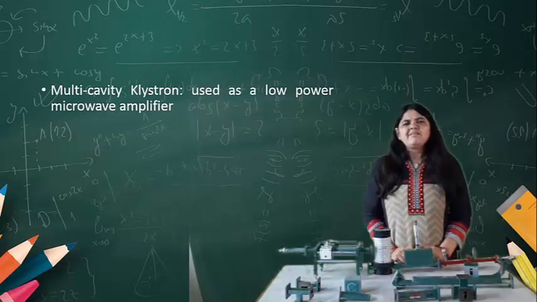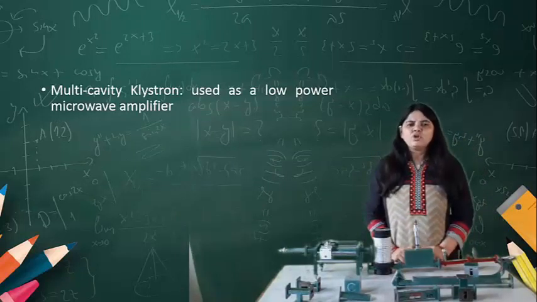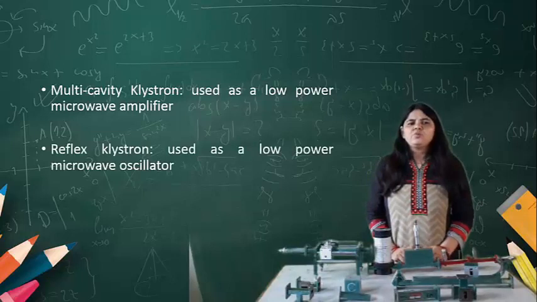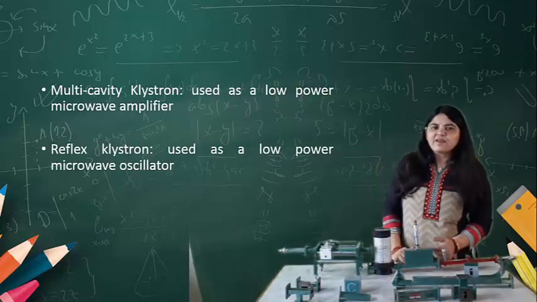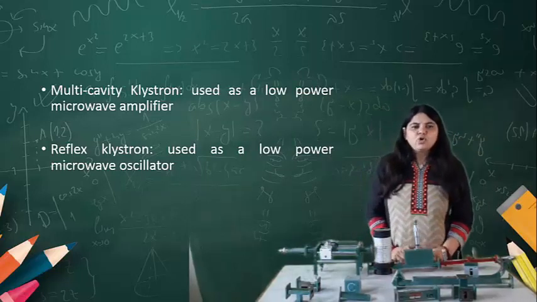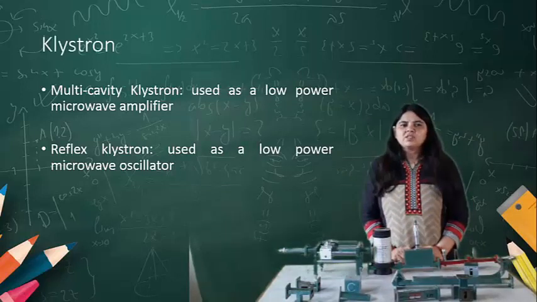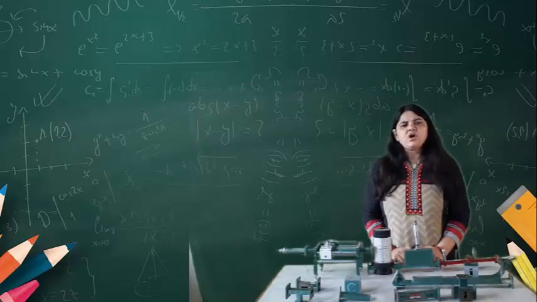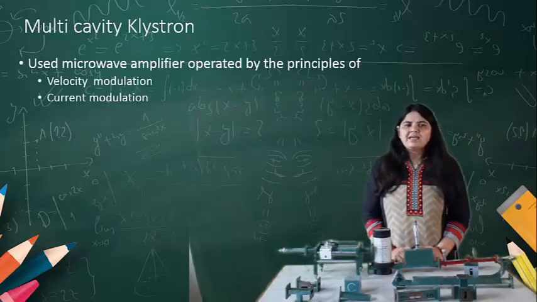The multi-cavity klystron can be used as a low power microwave amplifier. Similarly, the reflex klystron is used as a low power microwave oscillator. So this is what it is about the klystron.